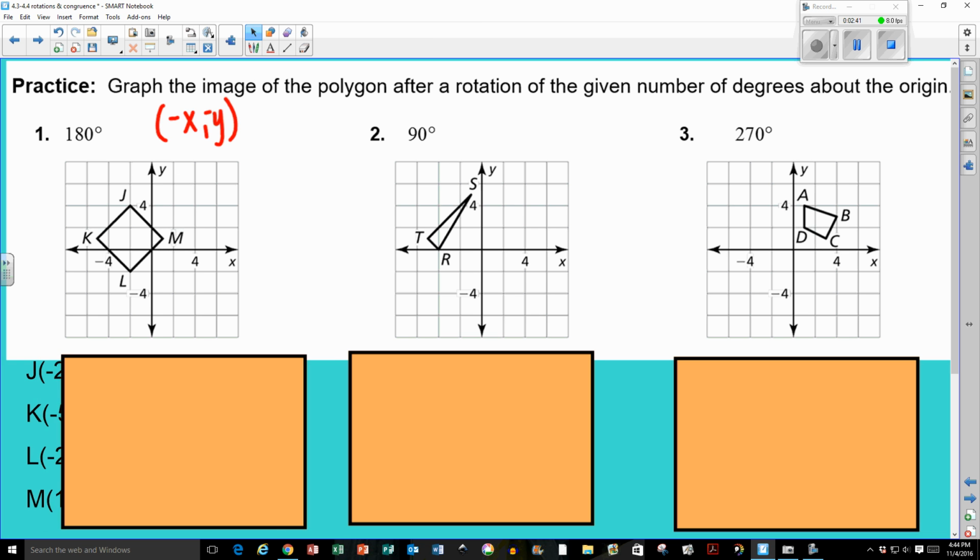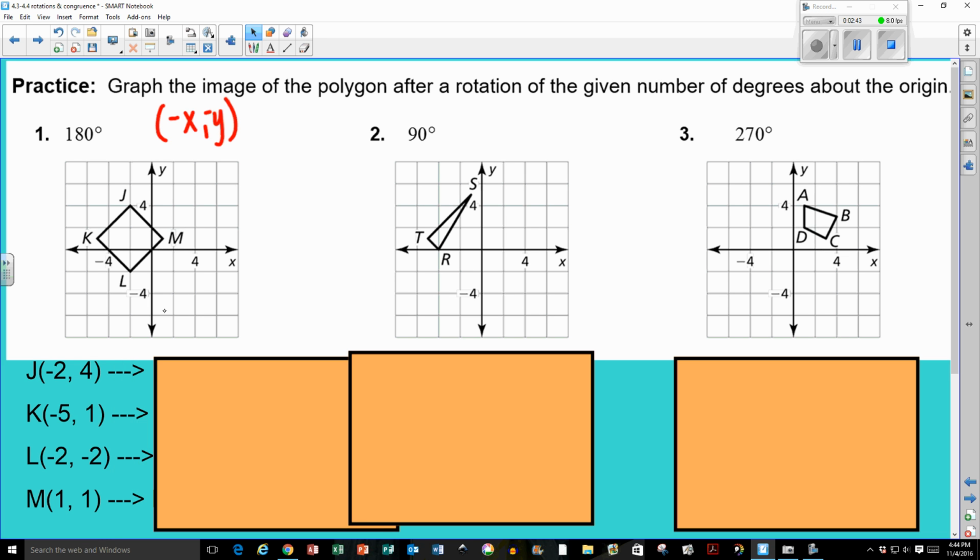For example, for J, K, L, and M, these are their locations. So basically, if I just change their signs, I get my new points. This would become from -2, 4 would become 2, -4. So go over 2, down 4. That would be J prime.